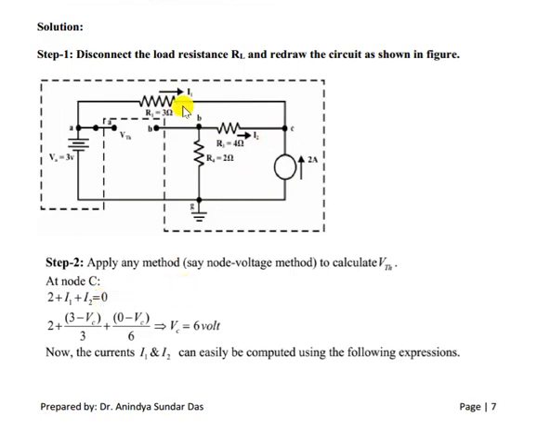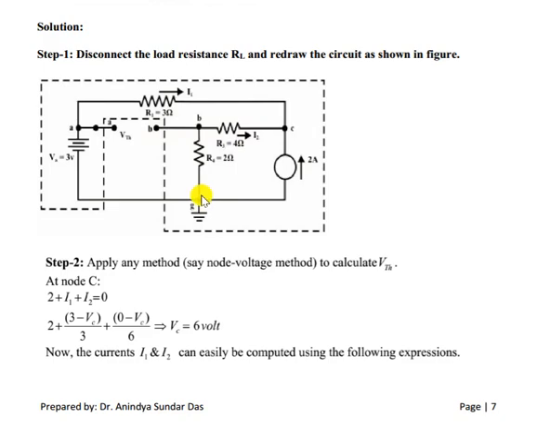Now I1 equals what? This VA point is nothing but 3 volt. So (3 minus VC) divided by 3 ohm. And this point B is nothing but here, right? So this current I2 is nothing but (0 minus VC) divided by total resistance, because no current flows through this path, because this is open circuited.